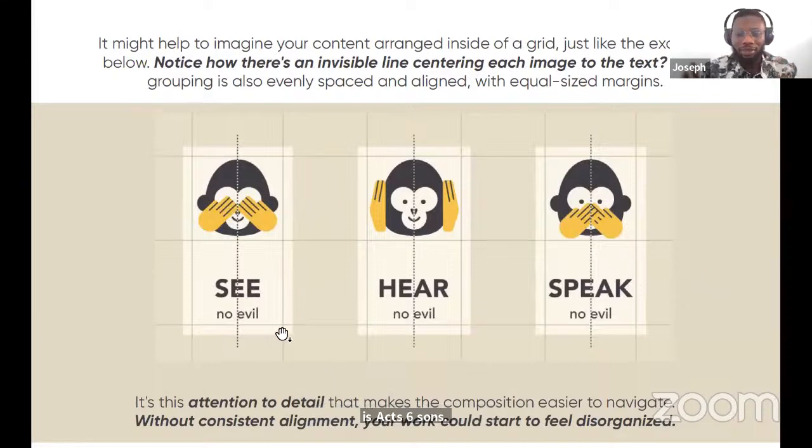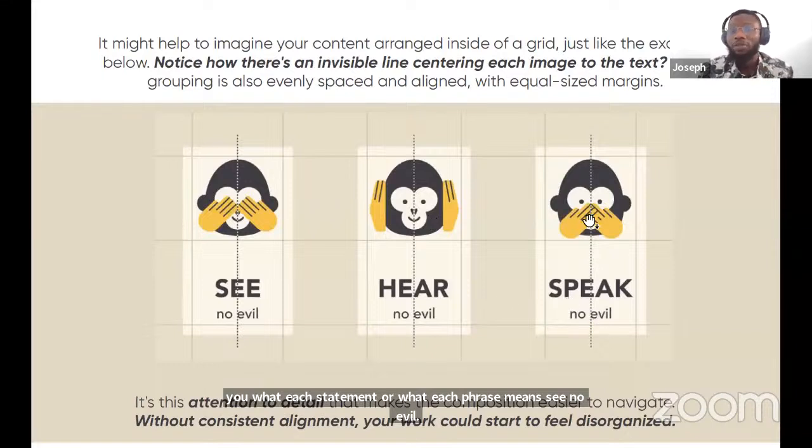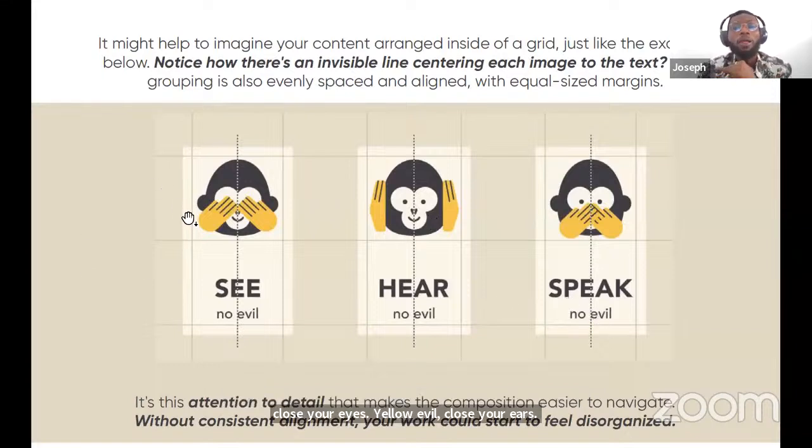You understand the reason these frames are separated is to properly show you what each statement or phrase means. See no evil, close your eyes. Hear no evil, close your ears. Speak no evil, cover your mouth.